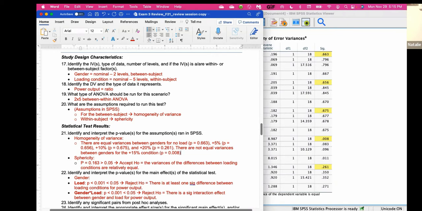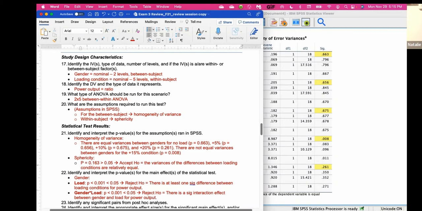Now, even though this is a violation, I think I told you guys before, repeated measures and univariate tests don't have the option to add a Welch's test when you violate homogeneity of variance.